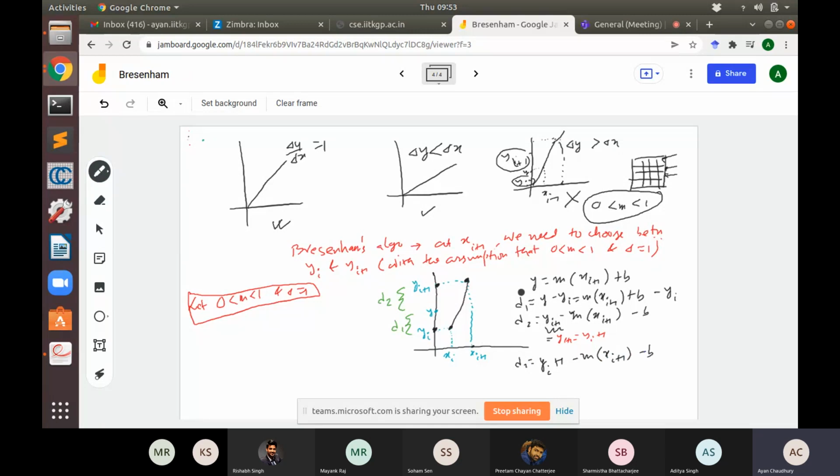Okay. So this is my d1, and this is my d2. So now let's try to subtract between these two, d1 and d2, and then try to see which one is closer. Either d1 is closer or d2 is closer, how actually things look like.